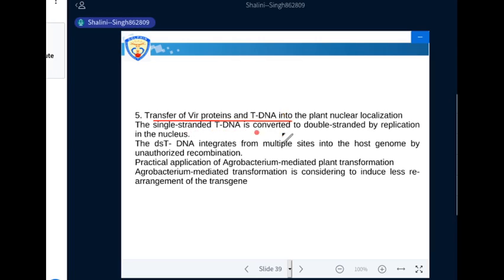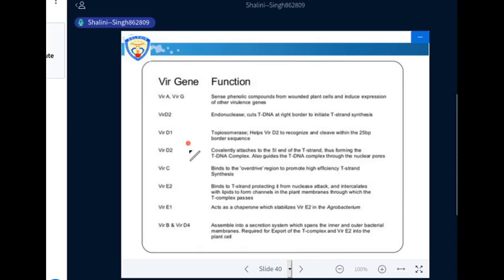The single-stranded T-DNA is converted to double strands by replication in the nucleus, and this double-stranded T-DNA integrates at multiple sites into the host genome by illegitimate recombination. Agrobacterium-mediated plant transformation in practical application is considered to induce less rearrangement of the transgene, and it is very successful in various plants. So these are different Vir genes and these are the functions of these Vir genes.